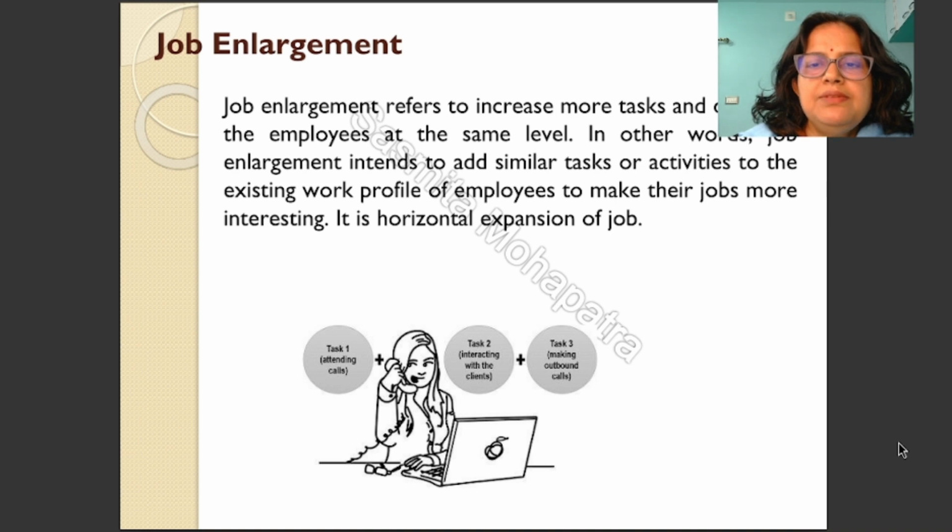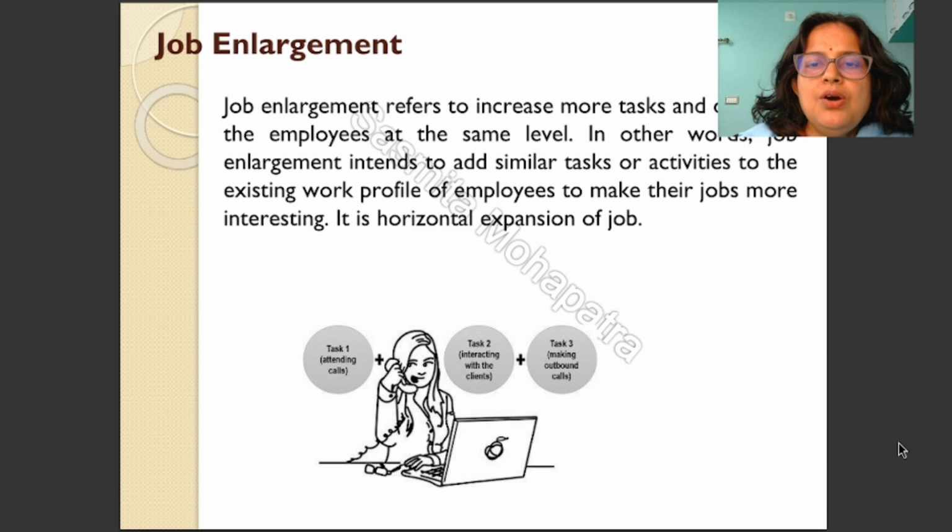Maybe those tasks will be of a similar type, similar actions to be performed by the employee, but loaded with more responsibilities and more duties.